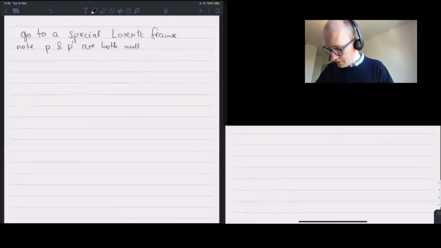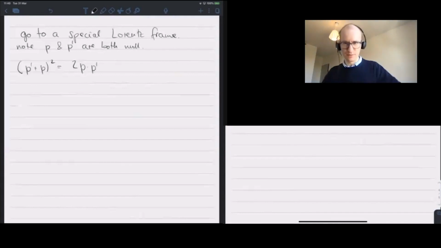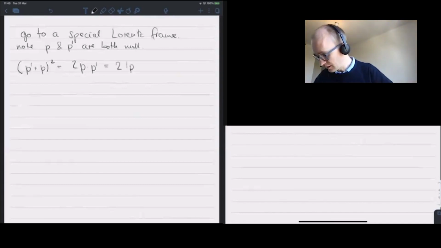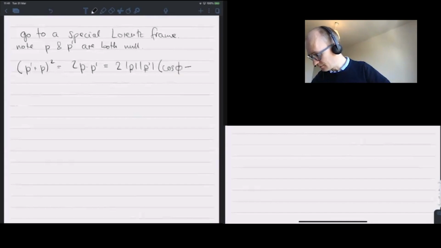What we find as well, if we look at (P prime plus P) all squared, that of course becomes 2 P dot P prime, because P prime squared and P squared are just 0. And because they are null vectors, we can write it as 2 times the length of the P 3-momentum part and the length of the P prime 3-momentum part times the cosine of the angle between them, minus 1.